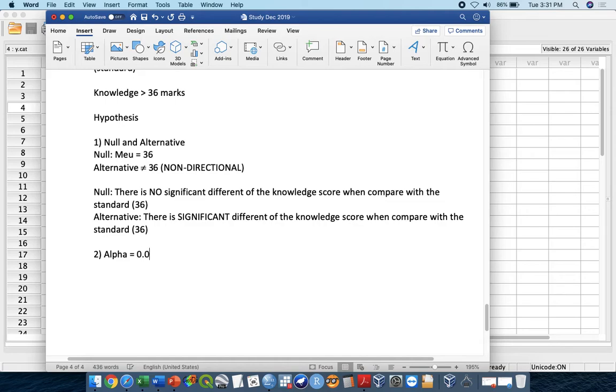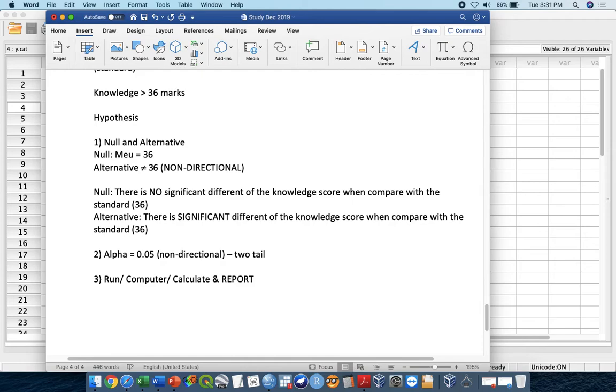Usually we set alpha at 0.05 level of significance. Remember, this is non-directional, therefore it is two-tail.